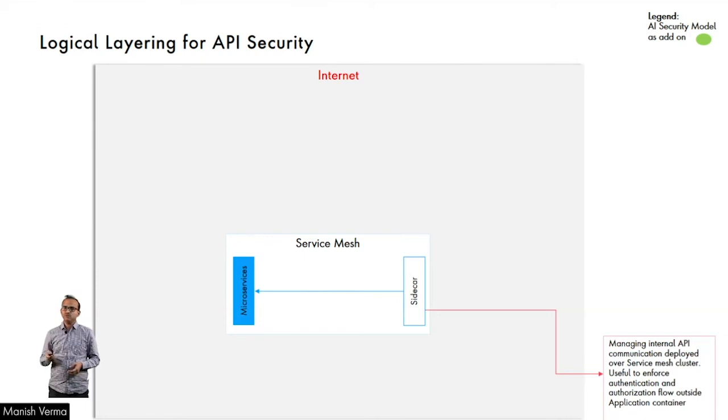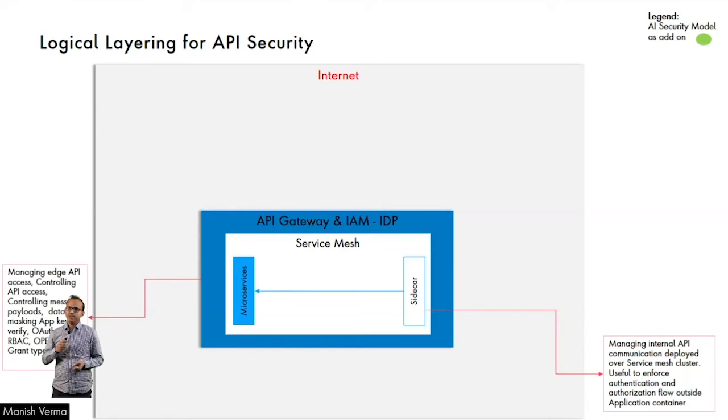Actually, you don't have to do advanced implementation in Spring Boot for security anymore. You can externalize all of that behavior at the service mesh level, and you can keep your framework for the purpose of business implementation.